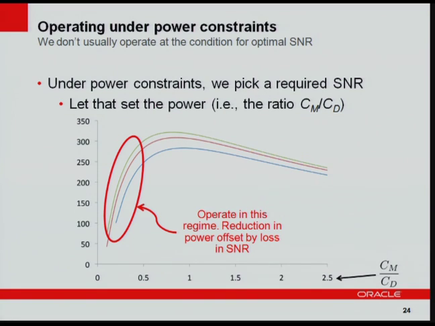Why? Because this implies a large Cm, remember the 1 over square root of 2. And that means that I burn more power over here. Since I'm shooting for this particular SNR, I can actually burn less power by going to a smaller ratio between the amplifier capacitance and the diode capacitance.